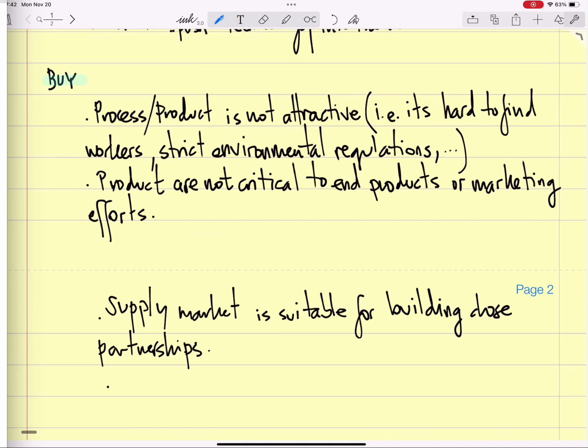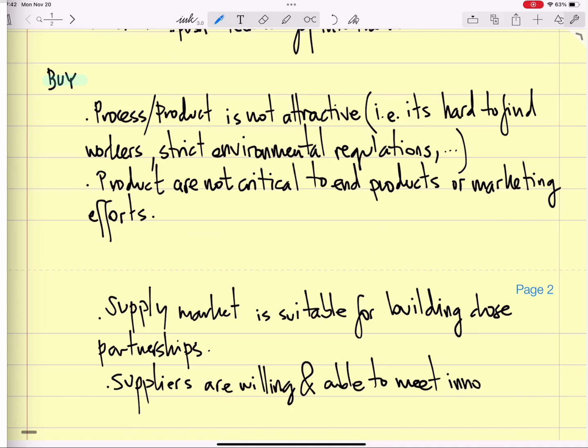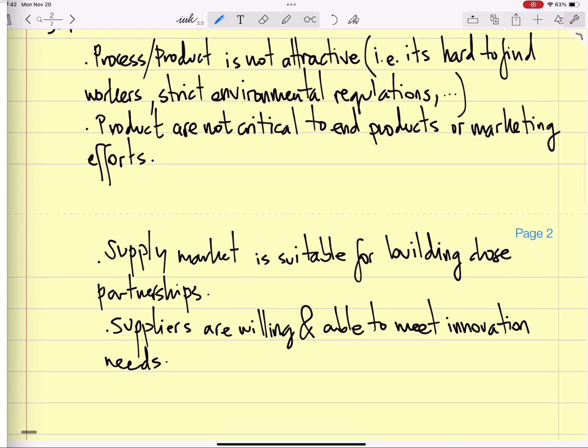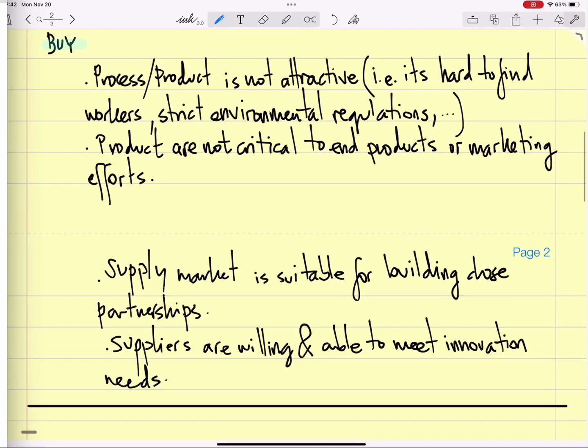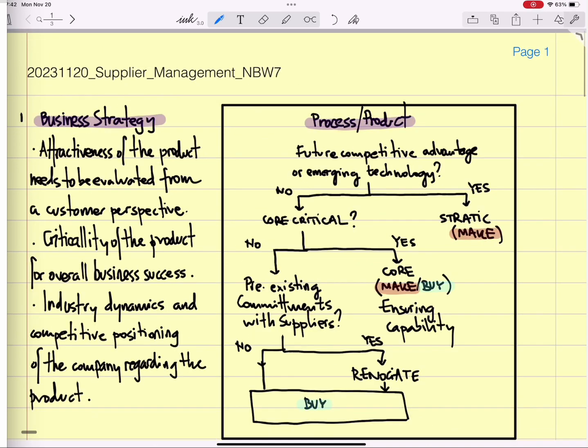And if suppliers are willing and able to meet innovation needs. So this is from a strategic perspective what needs to be taken into consideration, okay? Make sure you look into it for the exam.